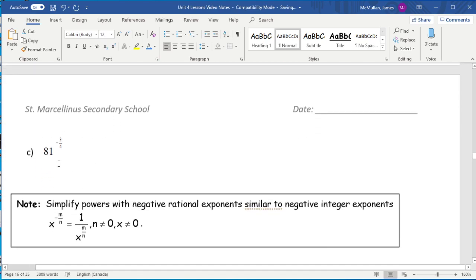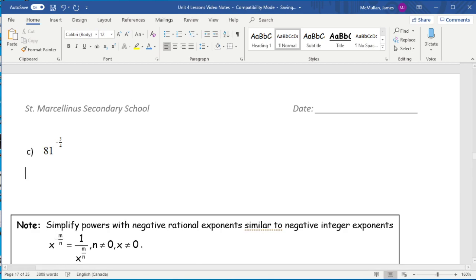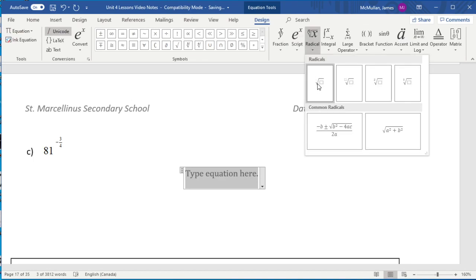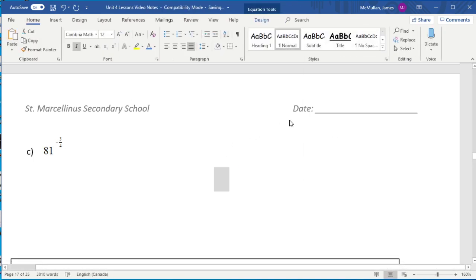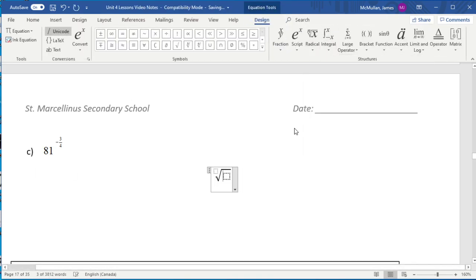What's the next one? 81 to the power of negative 3/4. Okay, now this one's kind of interesting. You have to do the 3 and the 4, and the exponent is negative. So what I'm going to suggest here, let's set it up like this. We need a radical with an actual number in the front.